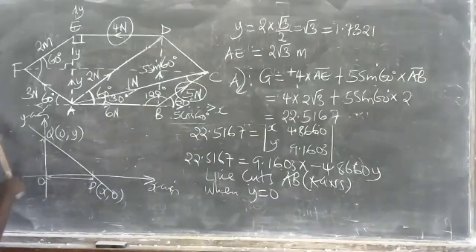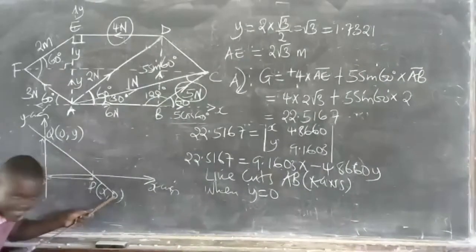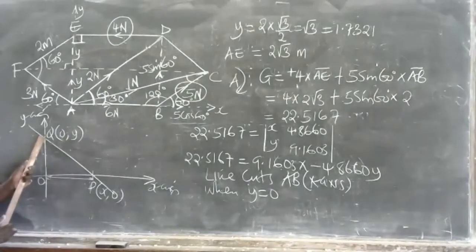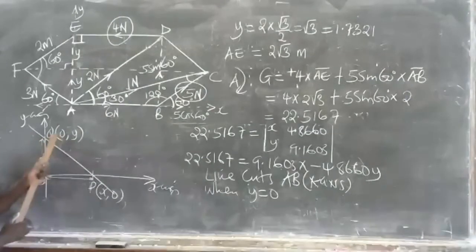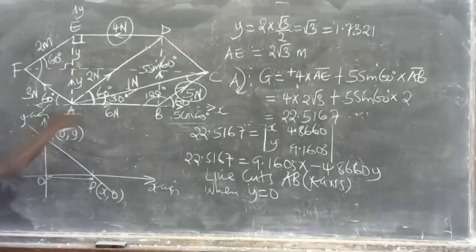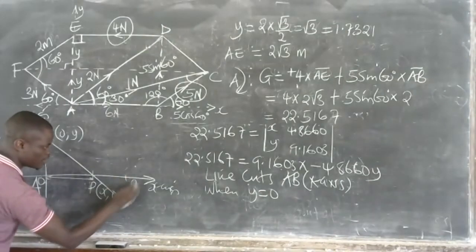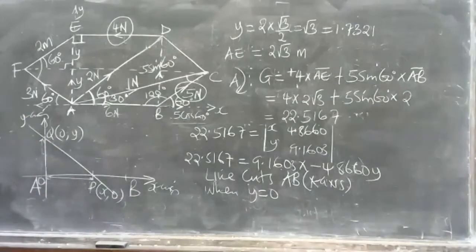Therefore, any straight line cuts the x-axis when y is 0, and cuts the y-axis when x is 0. But now our FB is along the horizontal axis. The origin is acting as point A, and maybe we have point B along this axis.